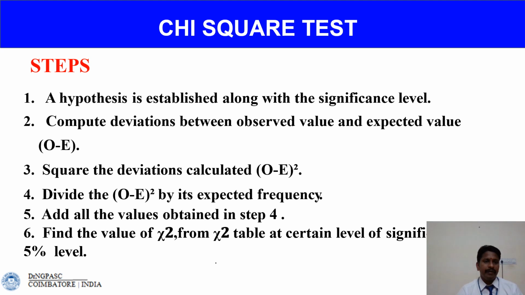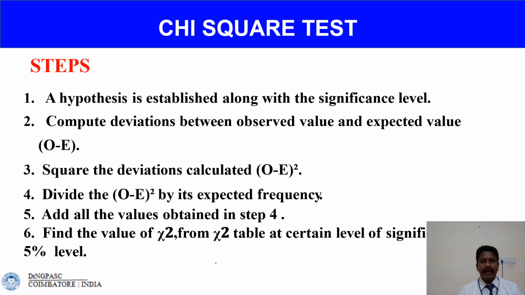Point number 3. Square the deviation calculated: O minus E whole square. Point number 4. Divide the O minus E whole square by its expected frequency: O minus E whole square by E. Point number 5. Add all the values obtained in step 4.